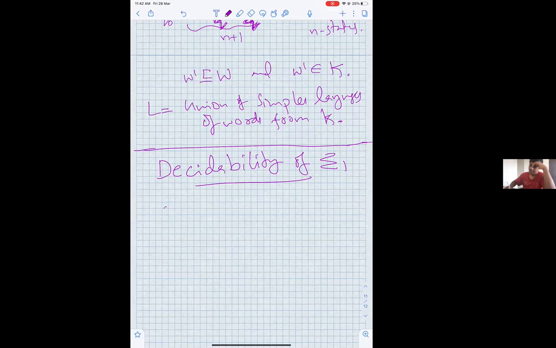Sigma 1 is closed under union. Why is it closed under union? Because a union of two finite unions of simple languages is again a finite union of simple languages. Yeah. And it is closed under intersection. Why?